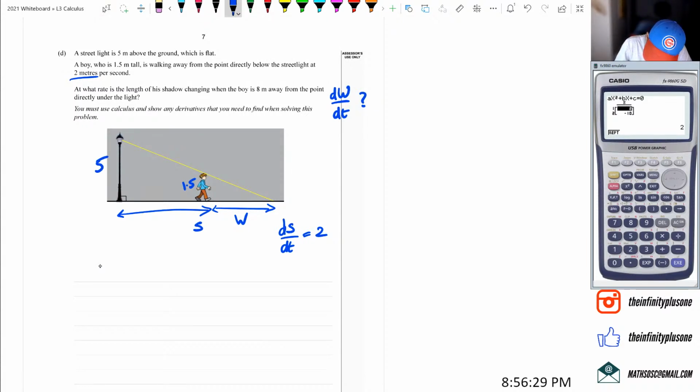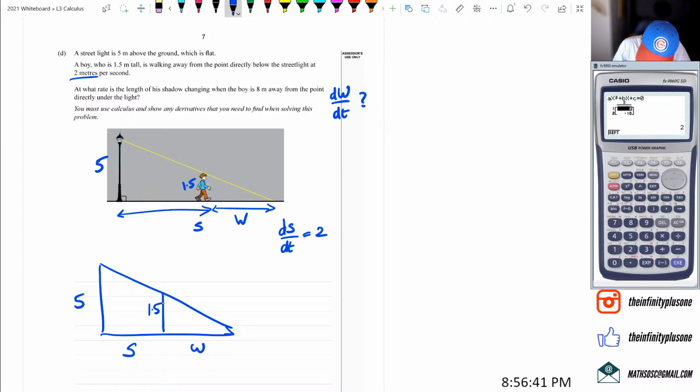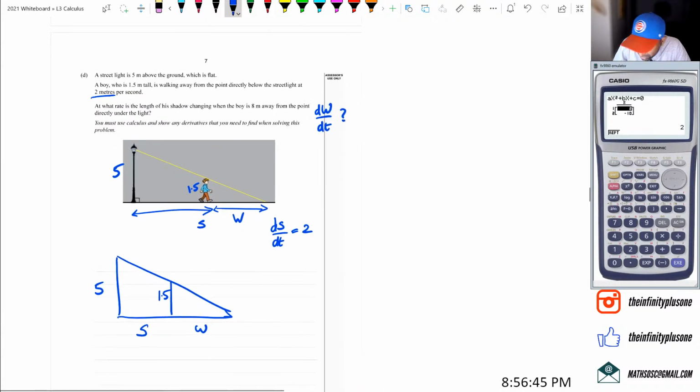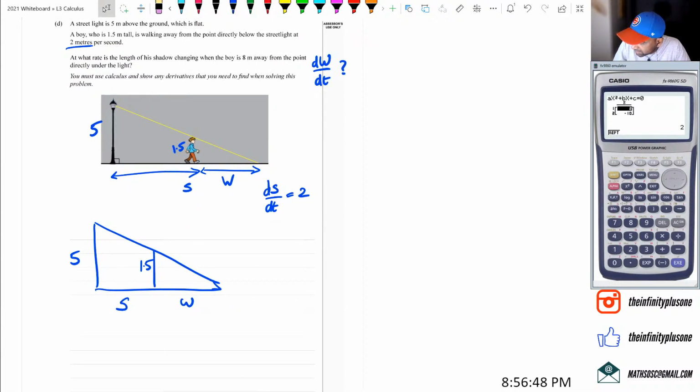When we look at this triangle, we're going to put this as S. We're going to put this as W. We've got 5 and 1.5. What we've got here is a special triangle. Now, this is not a triple threat one, Jonathan. It's definitely not that. So we can write this as W over 1.5 is equal to W plus S over 5.